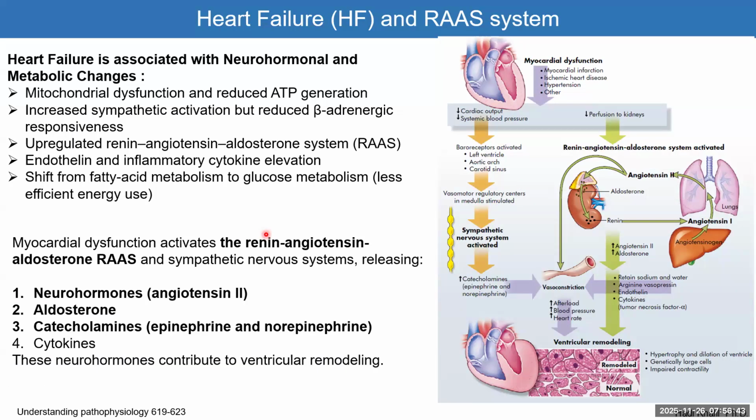So now I want to move to discuss the RAS system and how that controls blood pressure. Now it's funny, I don't know where to start in this slide, up or down, because it could be either way.